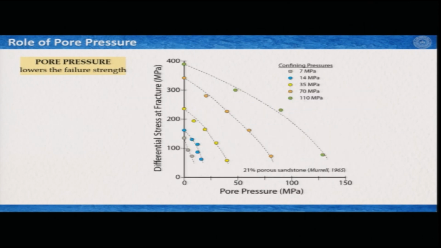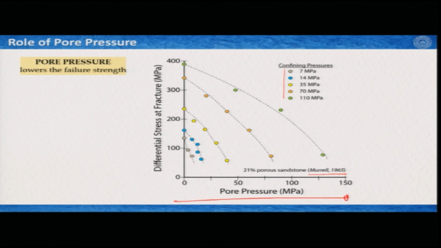Now, this is another way of looking at how pore pressure does play the role in governing the strength or flow of the rocks. So, these are again done on porous sandstone, and this time the experiments were done by Murrell in 1965, and here the porosity was 21%. So, different circles here are of different confining pressures that applied, and in this x axis we have different pore pressure.